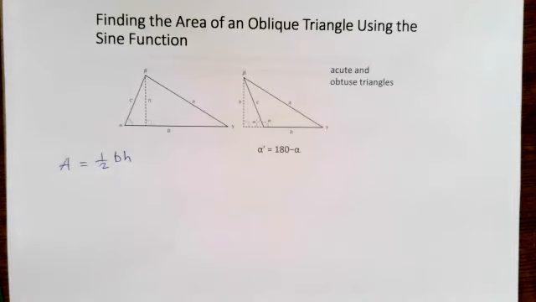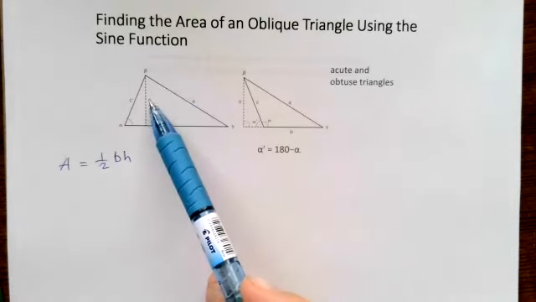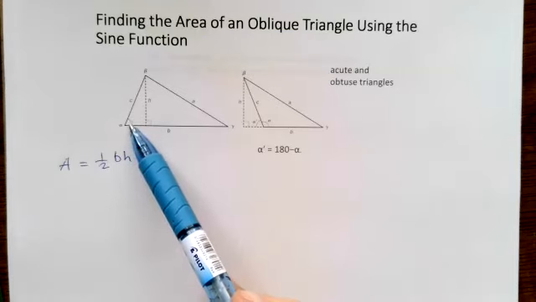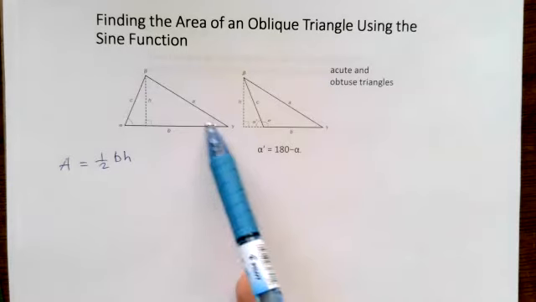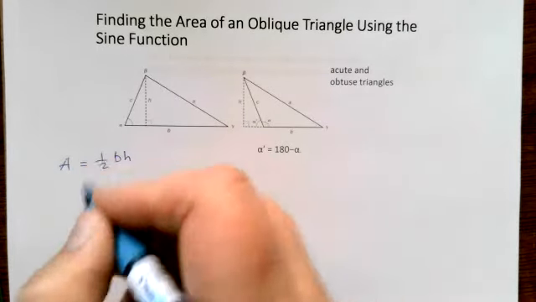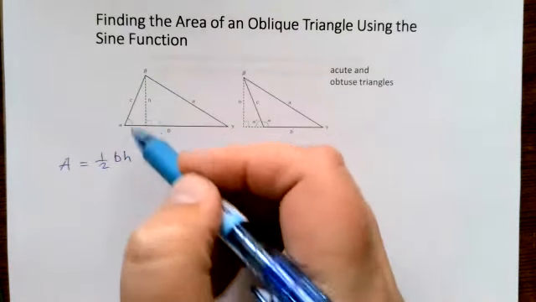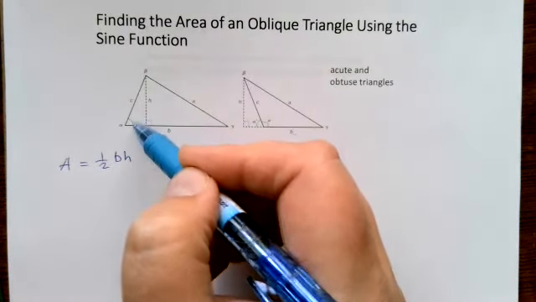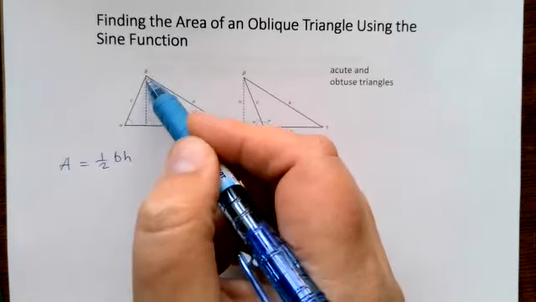So let's say we need to express h. Let's say we know this angle alpha, and we know all of the sides of the triangle. So sine of this angle alpha is opposite over hypotenuse.